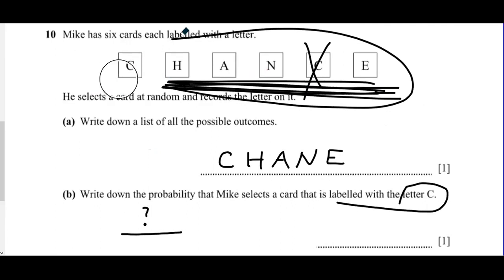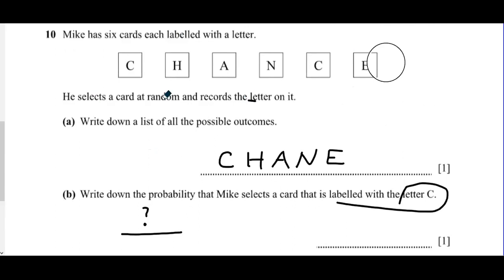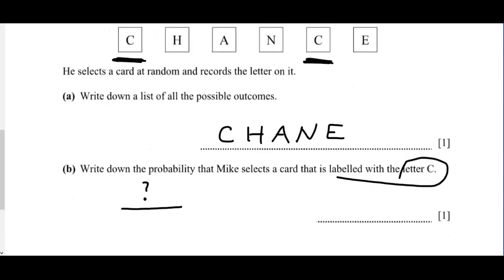I repeat, the probability of selecting letter C depends on how many cards are labeled letter C. So the numerator will be how many cards are labeled with letter C? There are 2 of them.